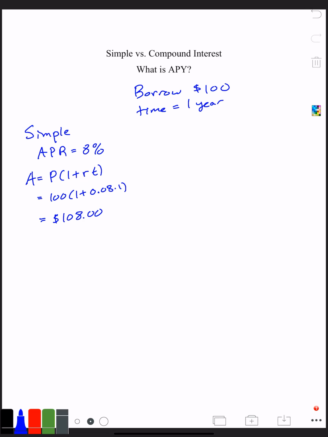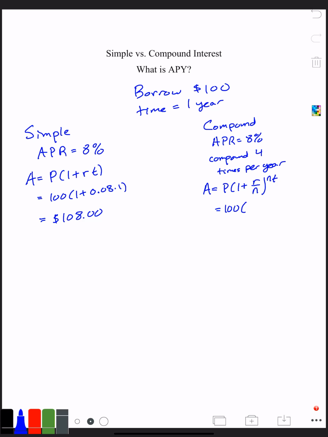For our counter example, we are going to use compound interest. Also going to have an APR of 8%, and we are going to compound 4 times a year. So we can plug it into the other formula for compound interest, P times 1 plus R over N to the NT.